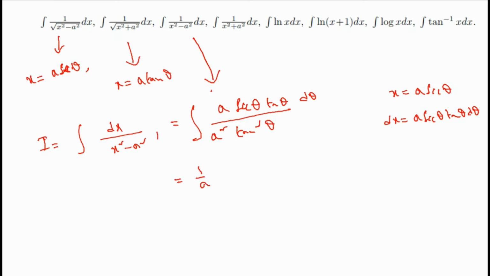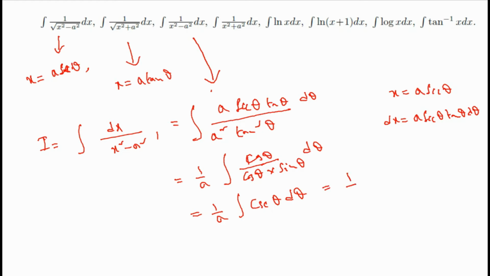So 1 by a integration sec theta, that means 1 by cos theta, and here tan theta, that means sin theta by cos theta, d theta. So 1 by a integration cosec theta d theta, and this will be 1 by a ln cosec theta minus cot theta. Now you just replace this theta in terms of x, you will have your answer.